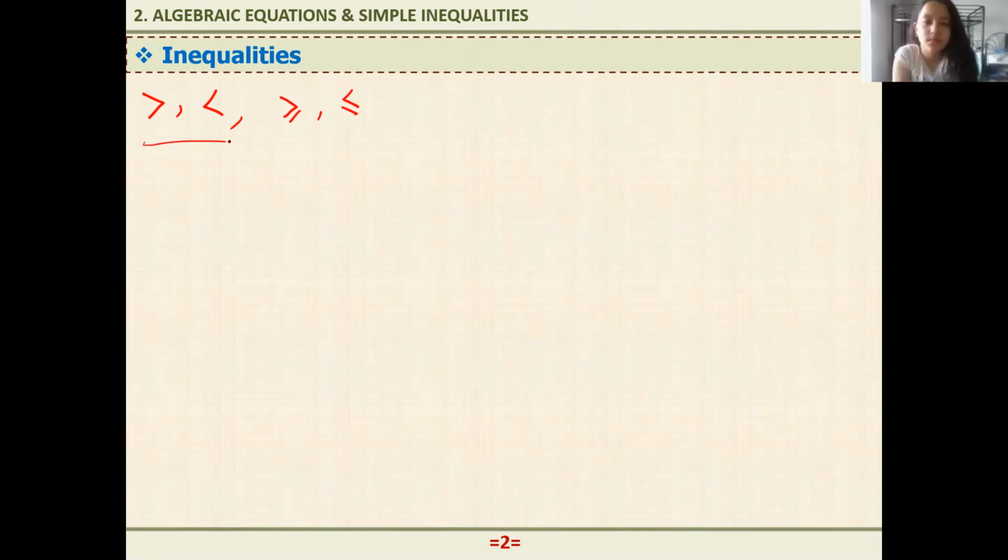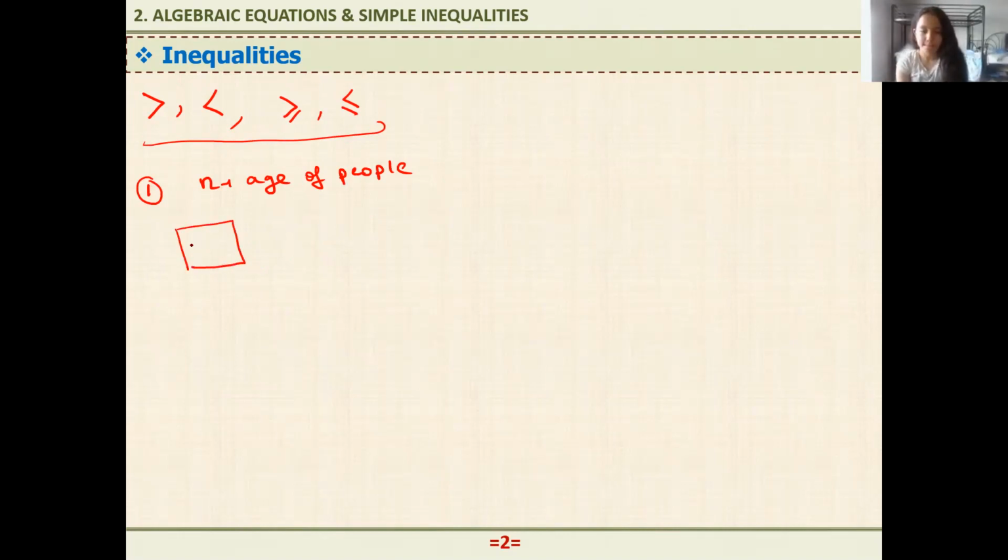For example, here is one example. Let's say this N is the age of people. You just pick anybody, for example, in a town or anywhere. If there's an ad here that says there's a movie, and it says that it is 13 plus, what does it mean? To be able to watch this movie, anybody's age, this N, should be greater than or equal to 13.